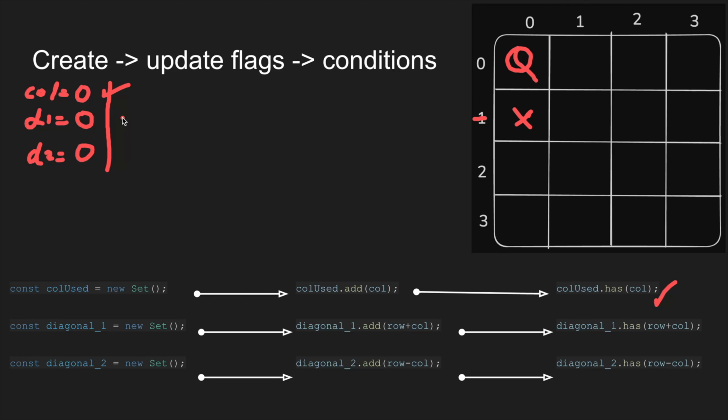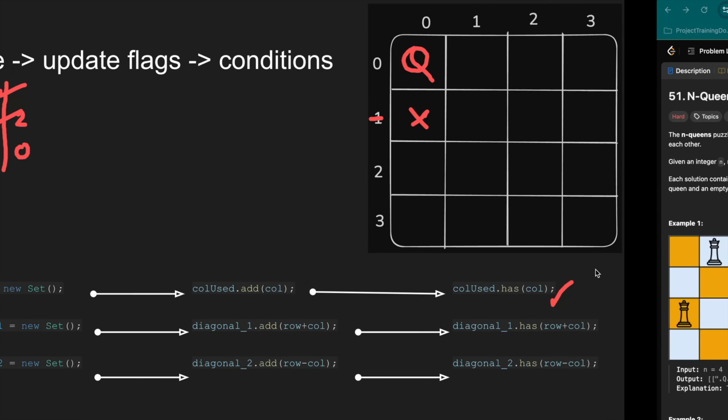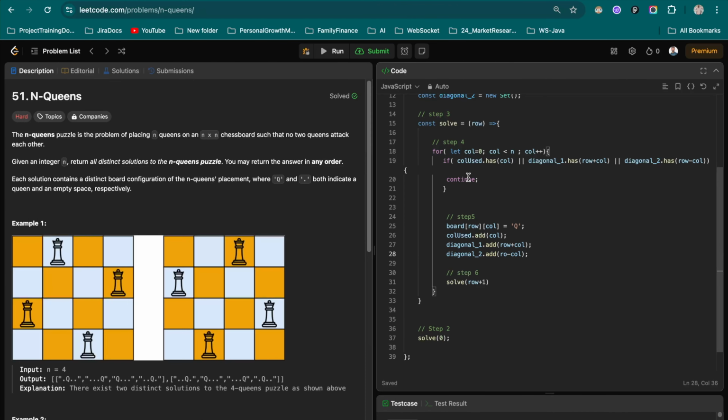It will be 1 plus 1, that is 2. So 2 is not in diagonal 1, it also gets passed. Then we will check with diagonal 2, that is row minus column, that is 1 minus 1, that will be 0. So this condition also passed, so it will get continued.